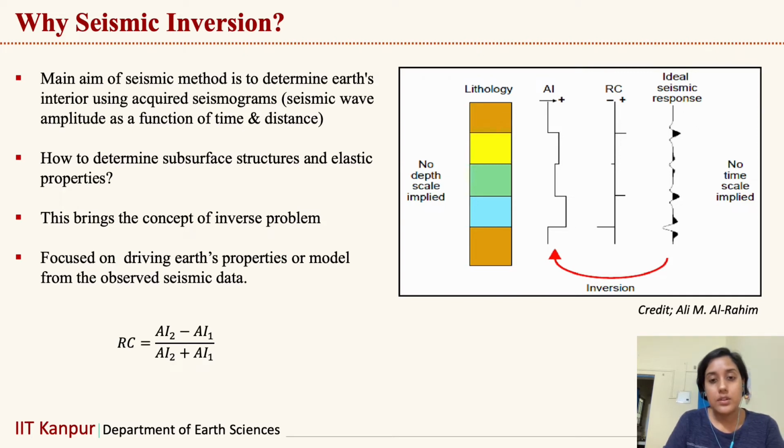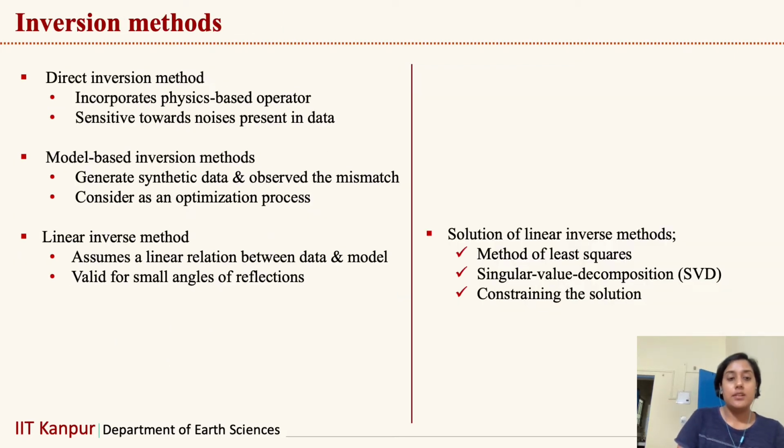Now there are ways to calculate the seismic inversion. Mainly there are three methods. First is the direct inversion method, where we use a physics-based operator. What this operator does is that you give it the seismic data, and by applying the physical laws, it will give you the inverted model data.